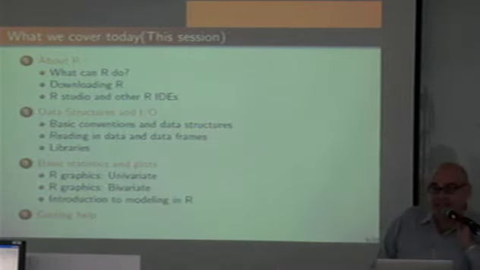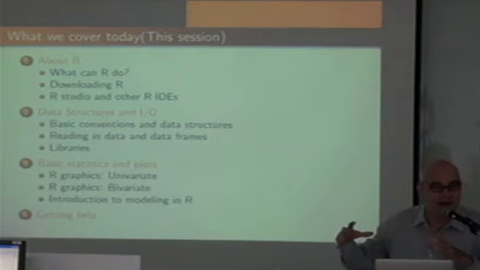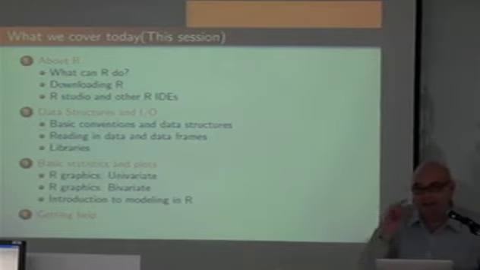So this session, I'm just going to talk a little bit about what R can do, where to get it, and I'll talk about RStudio, which is essentially nothing more than an integrated development environment. It's just something that sits over the top of R to make using R a little bit simpler. Only a little bit simpler. RStudio's a little bit of an illusion.